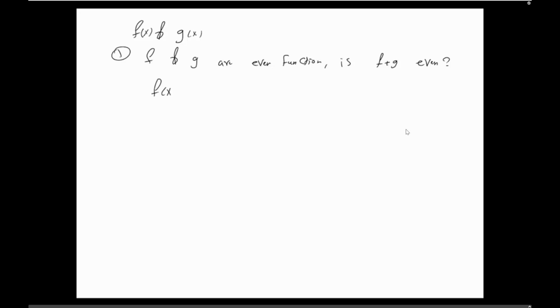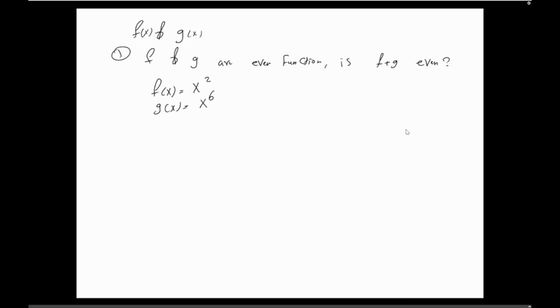So let's give an example for an even function, which is x squared, and g of x is, let's make it x with exponent 6.